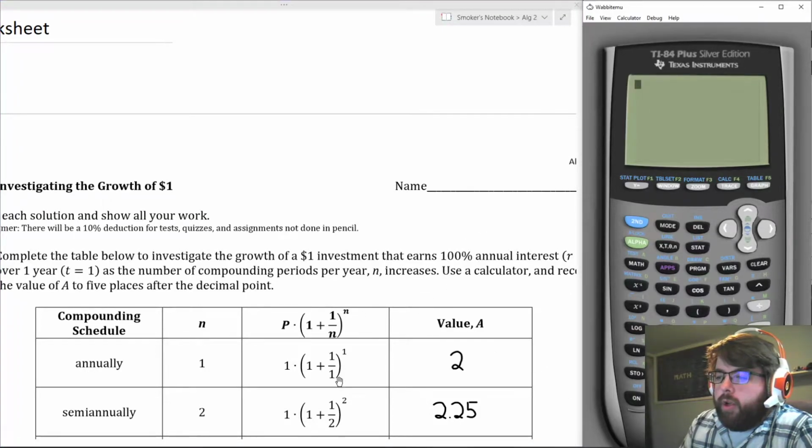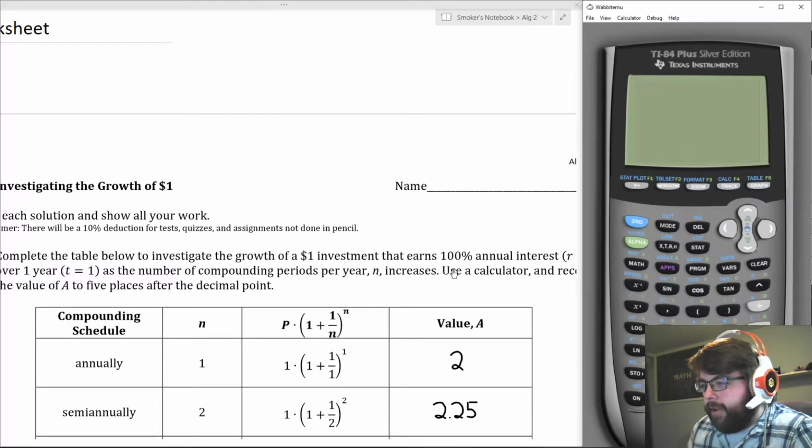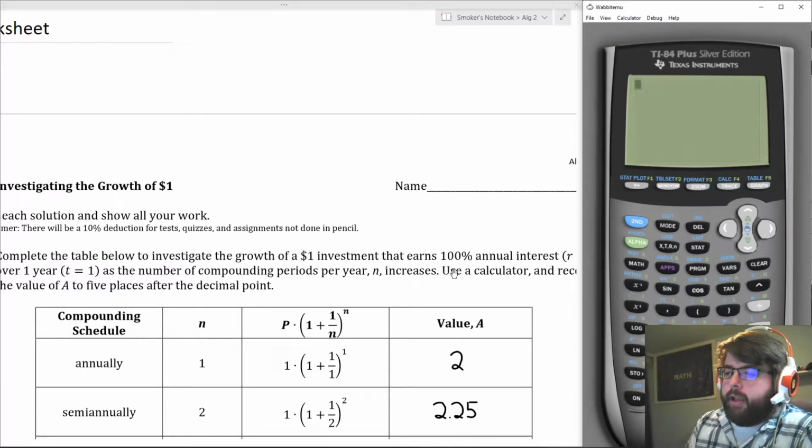And so the situation would be, if you were earning 100% interest on something, no bank would ever give that, but that would mean you're doubling your money. So you're taking everything you had in there, and you're going to get 100% of that again after 1 year, and that would double it.